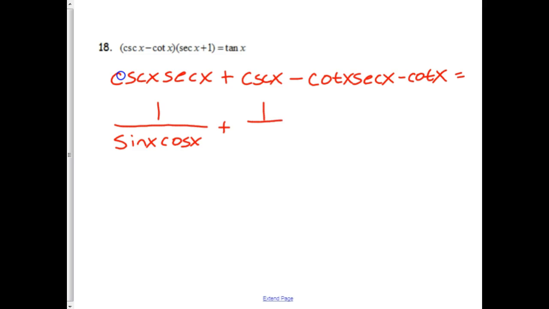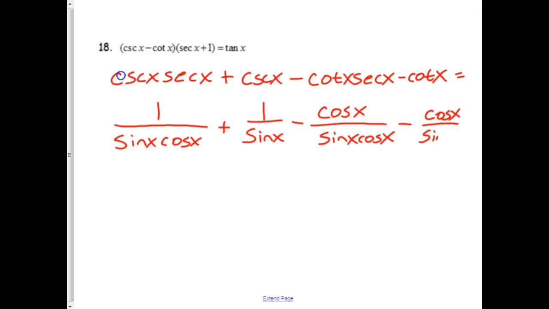This one right here would be 1 over sine x, minus, let's see, cosine x over, this would be sine x times cosine x, cosine x over sine x.